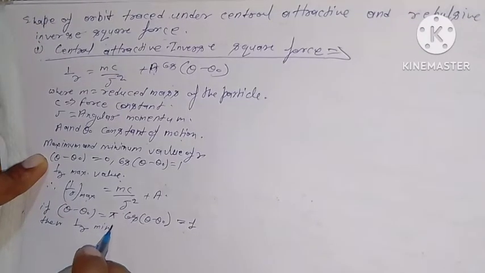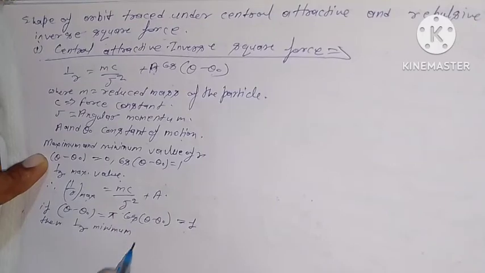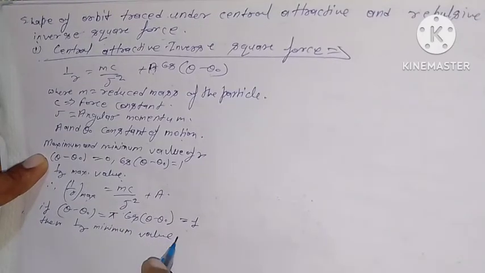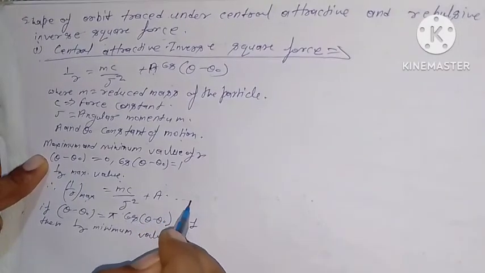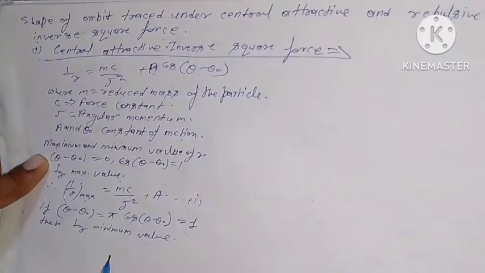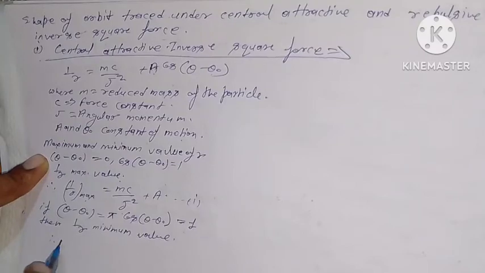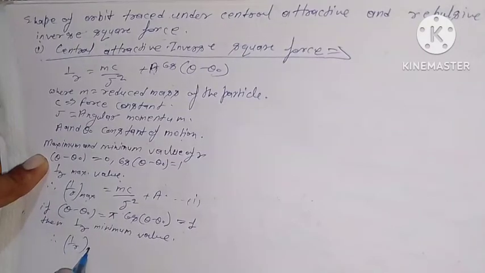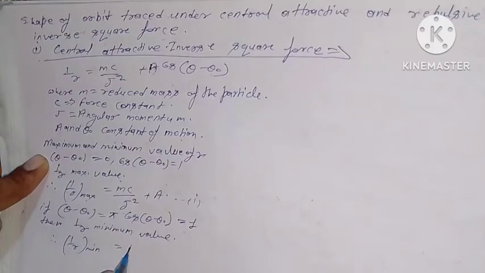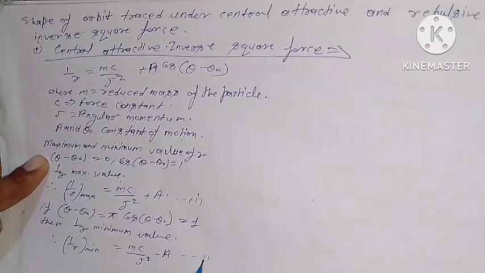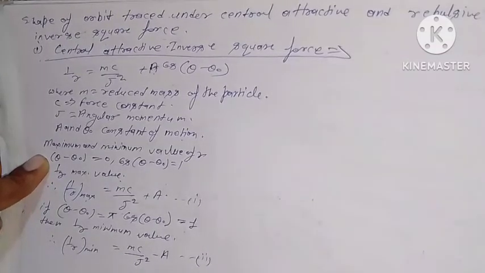So 1 upon r minimum equals mc upon j square minus A. This is equation number 2.